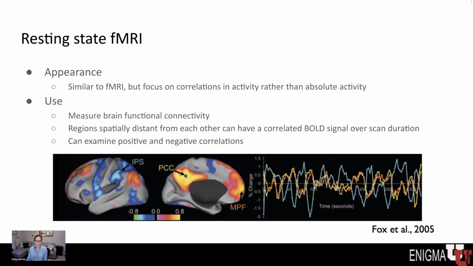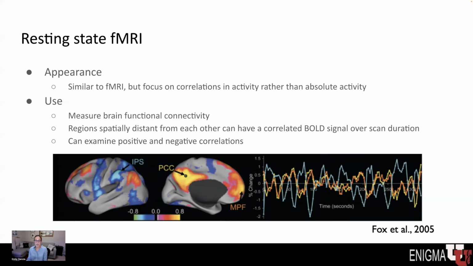So in this example, if your starting region, which we call a seed, was the posterior cingulate cortex, your question would be, where else in the brain does the activity over this 5-minute period have a similar pattern to the posterior cingulate cortex? And it turns out that one of these regions is the medial prefrontal cortex.